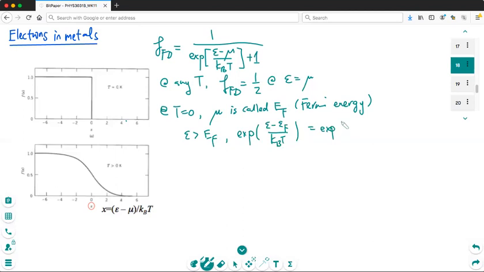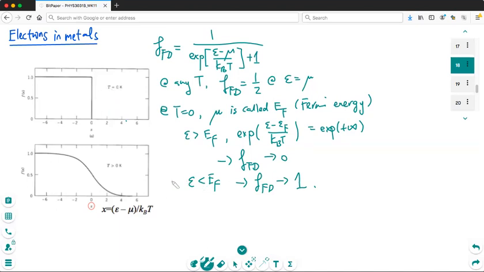So this is positive infinity, and therefore this goes to 0. On the other hand, if you are below the Fermi energy, you have e to the minus infinity, this is 0, and in this case, this Fermi function goes to 1. Okay, and therefore you have this step function.